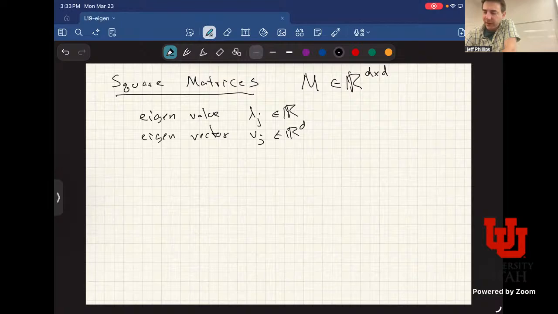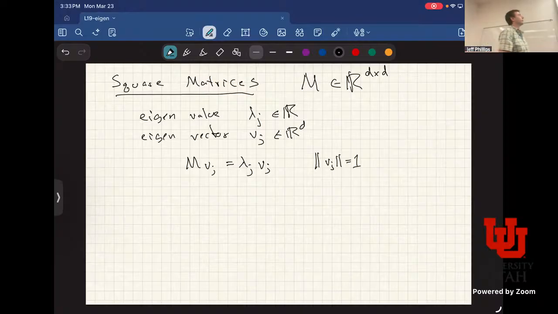They satisfy this really cool equation: if I multiply M on the right by the vector Vj, I get back lambda j Vj, and usually I assume that I've normalized Vj, so it's a unit vector.